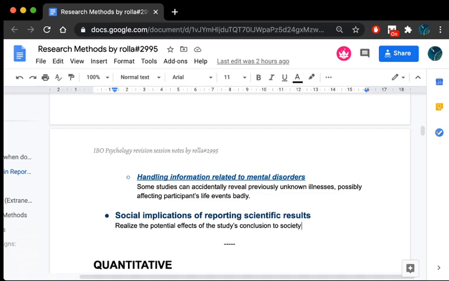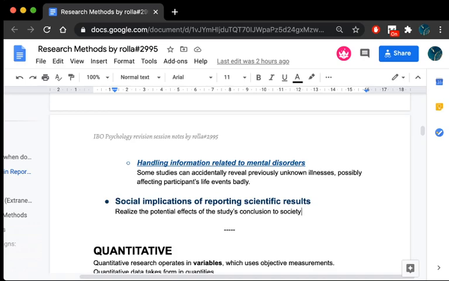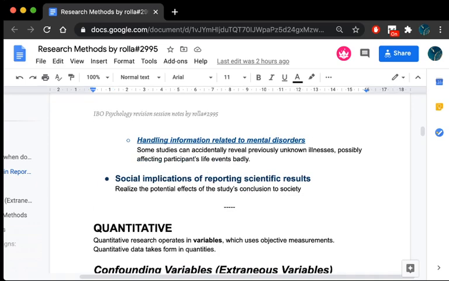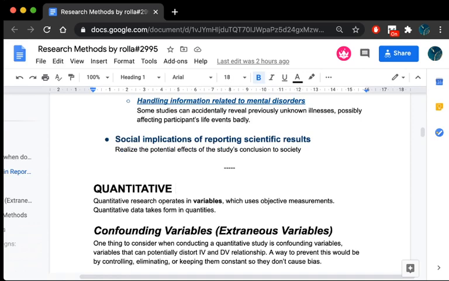I will share this to other general people who have no idea of the actual study, and imagine how that ends up. Yeah, so you should consider the social implications before you report something like that, and be very careful, especially if that thing is very controversial.